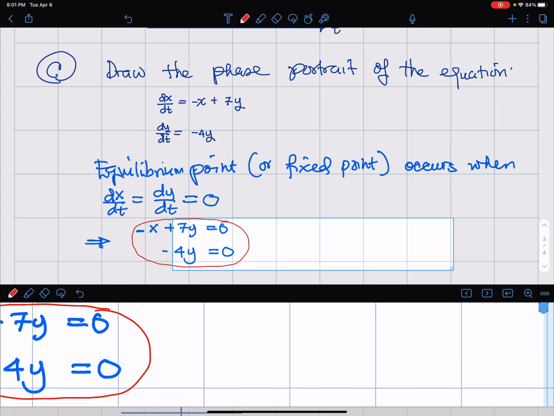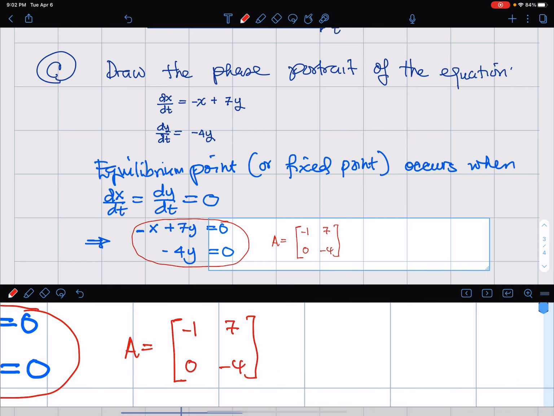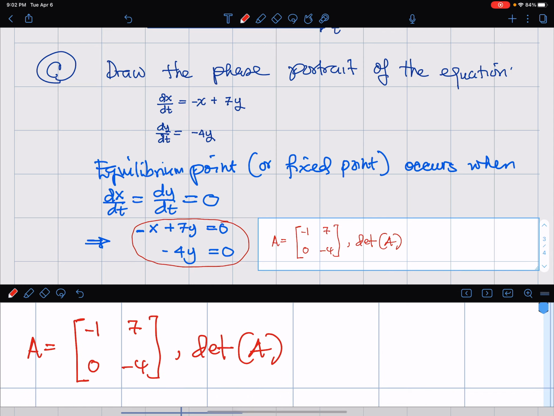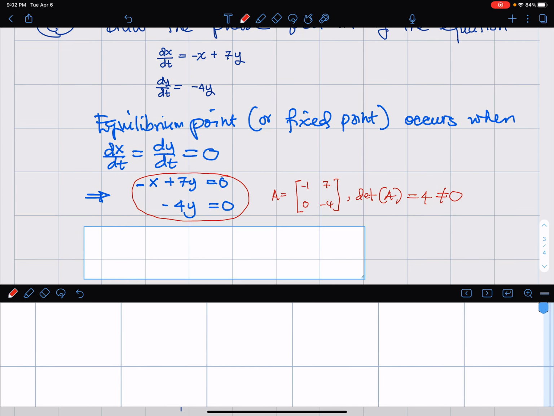Determinant of A, remember that our A is equal to negative 1, 7, 0, negative 4. And the determinant of A is 4, is not equal to 0. Right?